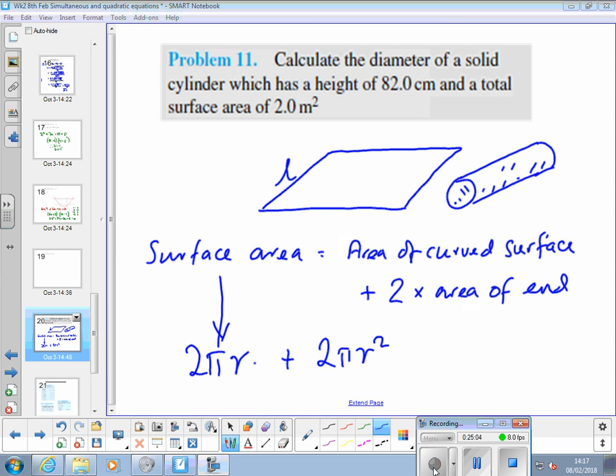So we got our surface area now. It equals what it told us it equals.